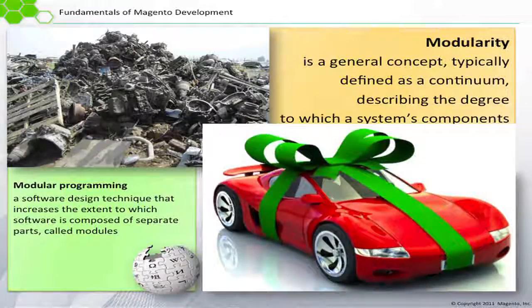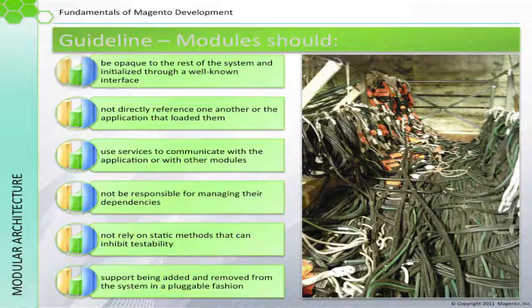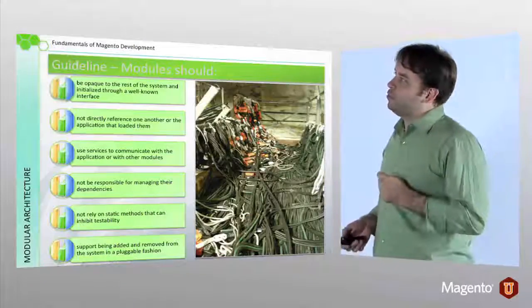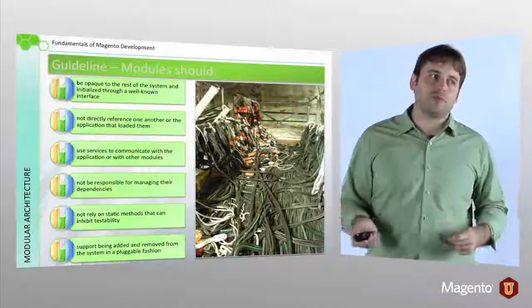So, all right, let's talk about module guidelines. Some of you who are familiar with other modular-based systems are going to be able to recognize some of these. But you should always consider these, and they are very important to remember when you are making your own module.